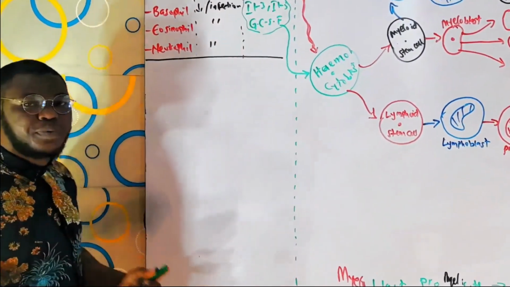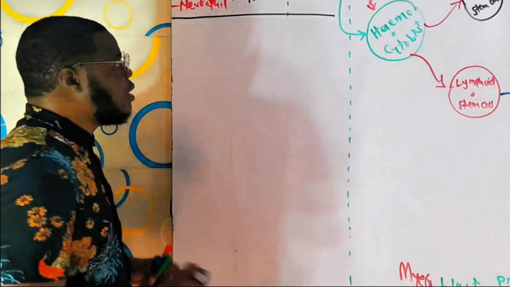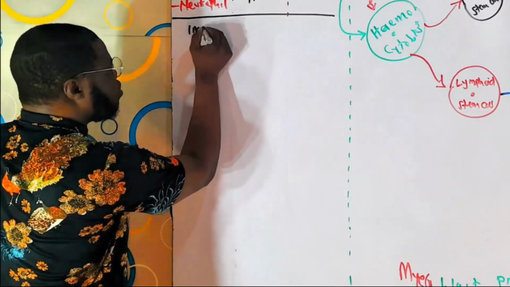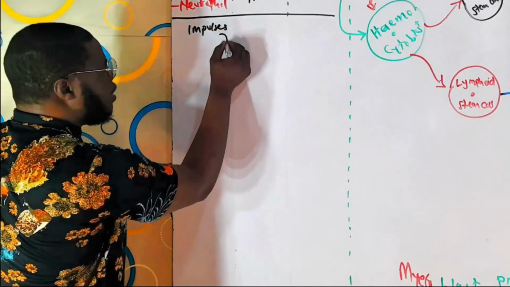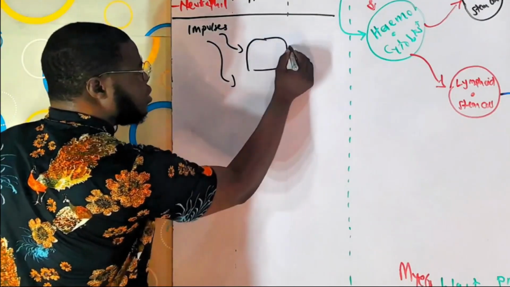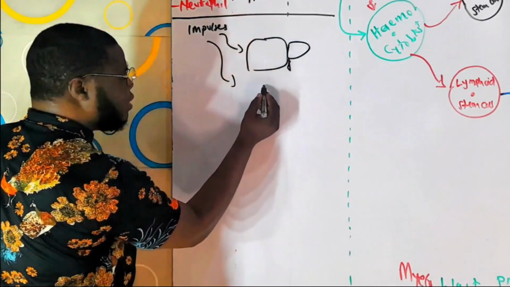Let's assume that you want to produce the platelets. Now, impulses are sent to what? Impulses are sent to mainly two organs. In this case, mainly the what? The liver and the kidney.